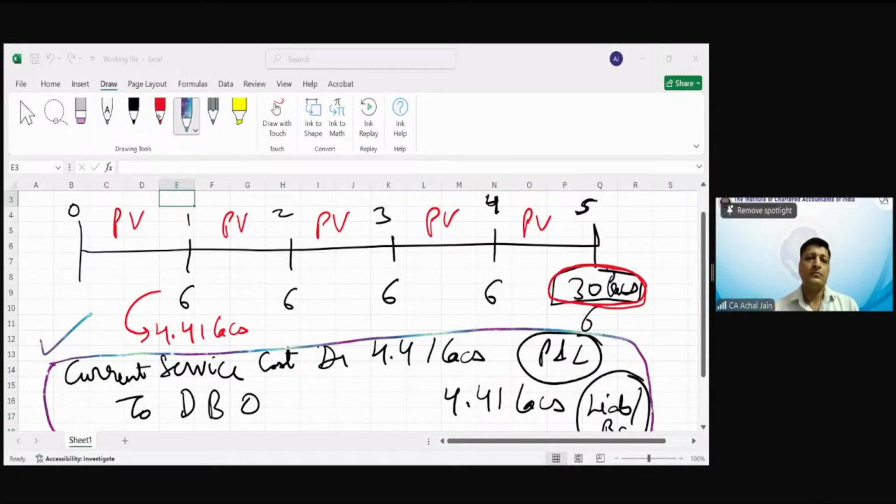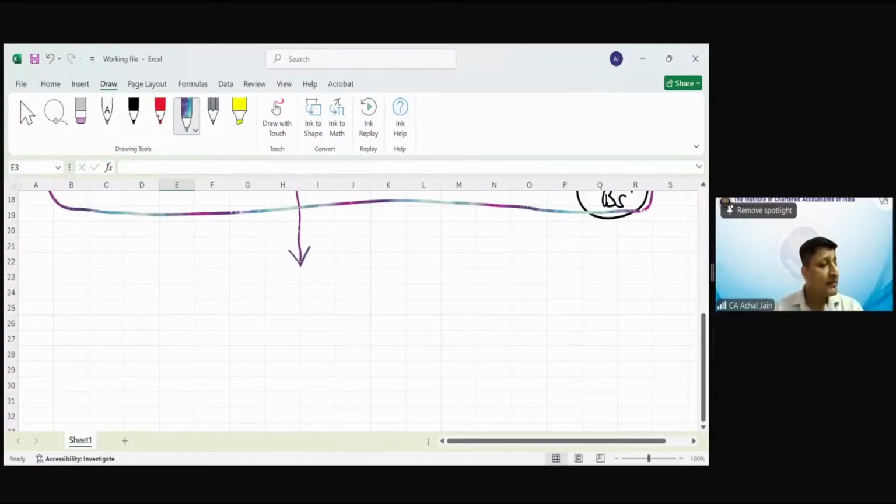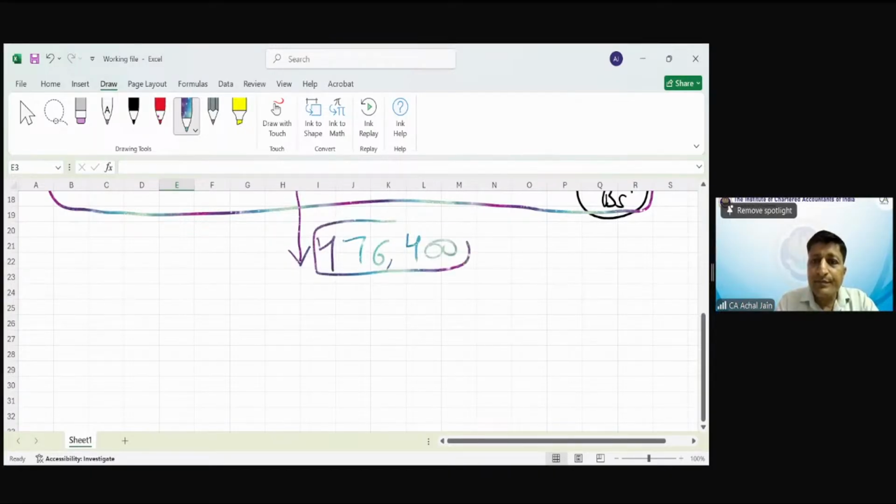Now, when you discount the 6 lakhs at the end of second year, you will discount this for 3 years, correct? If you discount this 6 lakhs at the end of second year, what do you get? 4,76,400. That's the amount that you get.